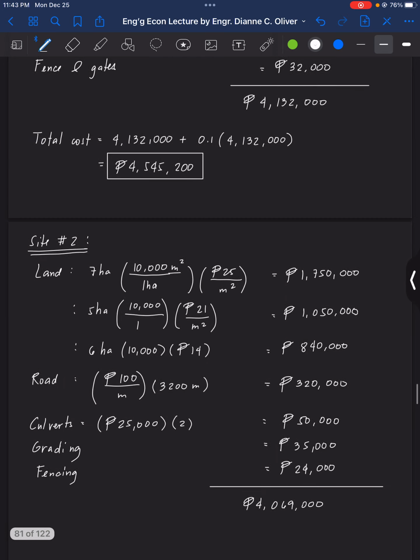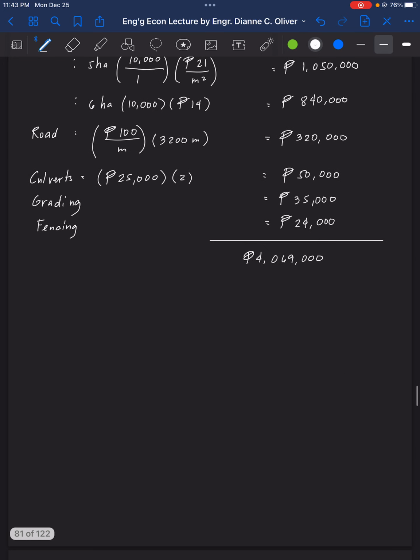For the total site development or total cost, including the contingency of 10%, that is 4,069,000 plus 0.1.